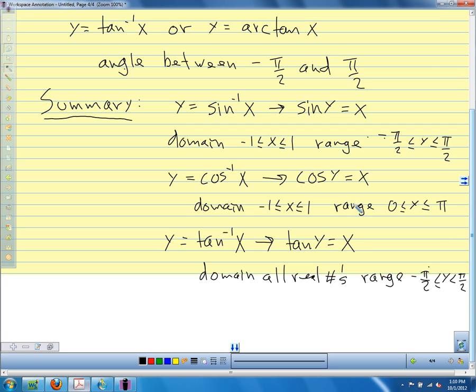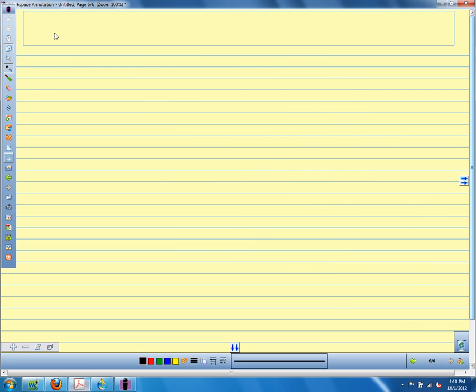All right, a couple of things that we have to look at, and then we'll be done for today. Actually, it's one other topic. We're looking at compositions. So one important thing about compositions of functions and their inverses is that a function and its inverse basically undo each other.